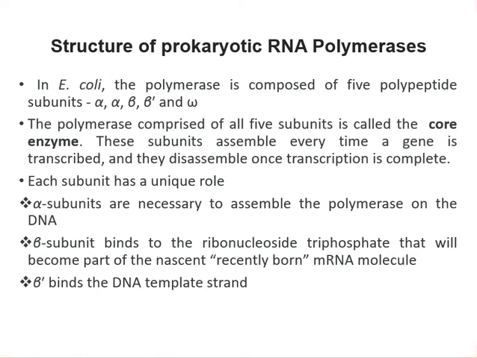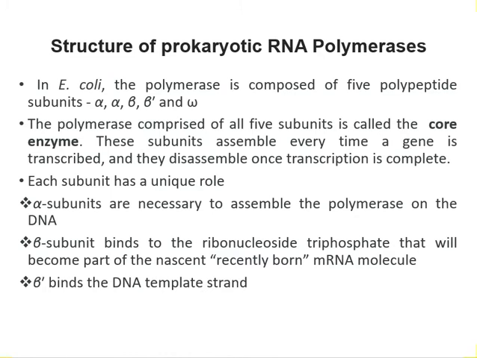The beta subunit binds to the ribonucleotide triphosphate. What is ribonucleotide triphosphate? It is the monomer which is used for polymerizing into a new RNA molecule. So, RNA molecule is a polymer actually. It is a chain which is made up of monomers, that is the ribonucleotides.